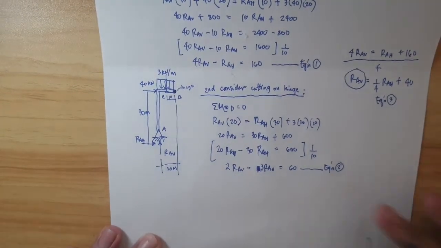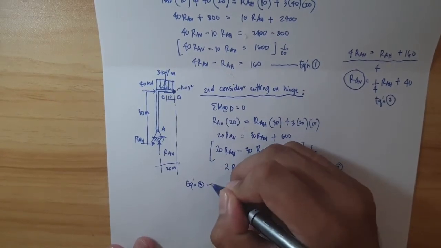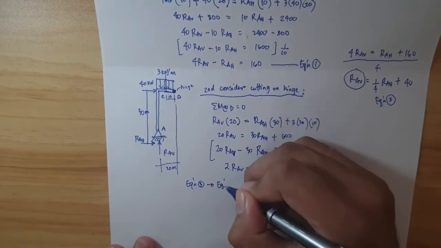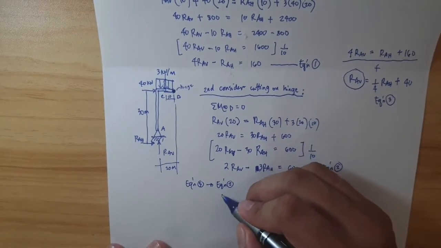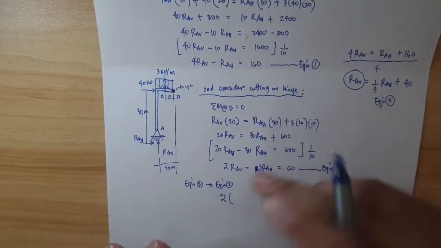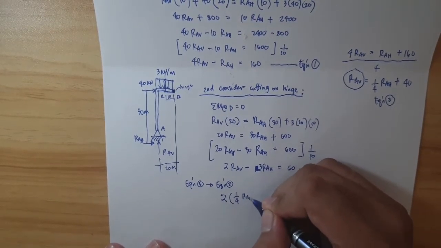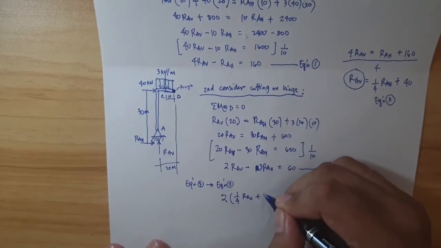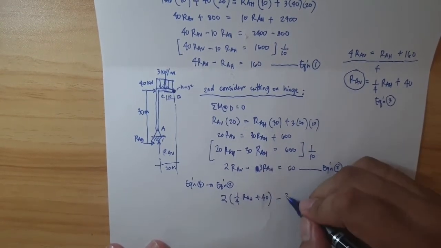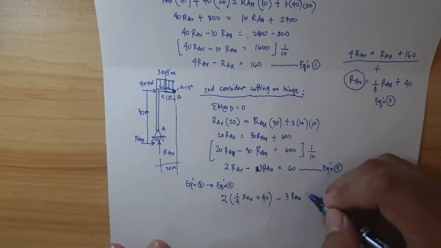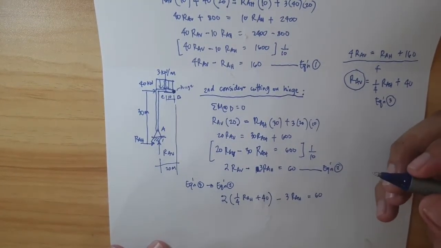So, unsa may tabuan ni? Equation 3 to equation 2. So, 2 times RAV, which is 1/4 of RAH plus 40, minus 3 RAH equal to 60.